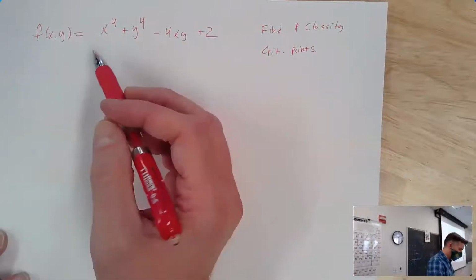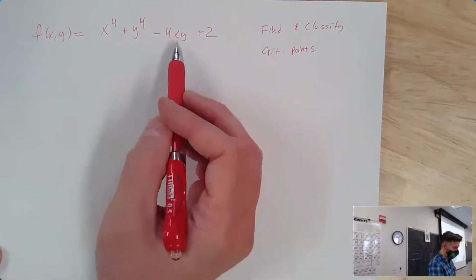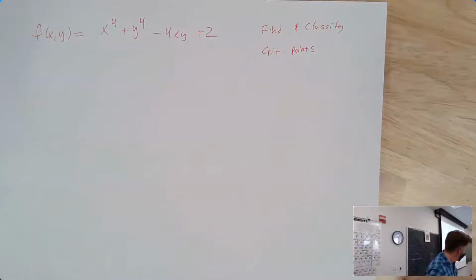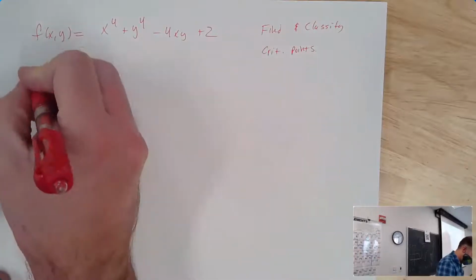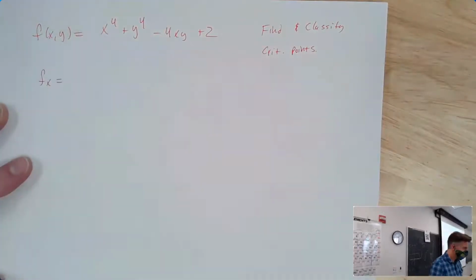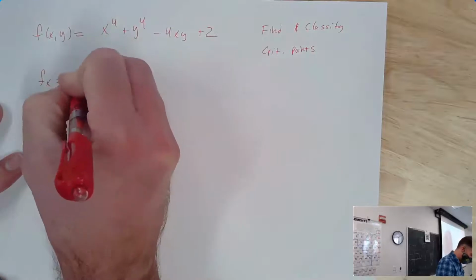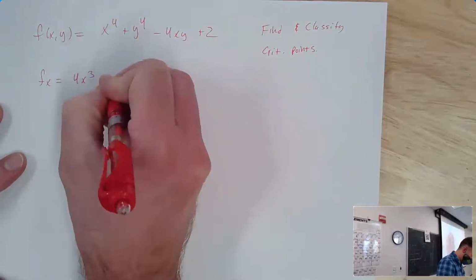So our function is x to the fourth plus y to the fourth minus 4xy plus 2. First things first, we're going to find the critical values. Now, I am used to doing this by just writing down what the partials are. So fx is 4x cubed minus 4y.